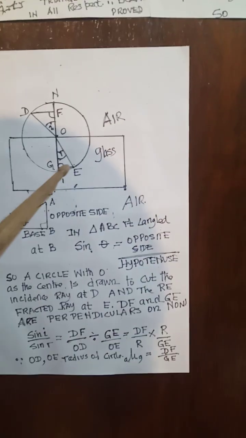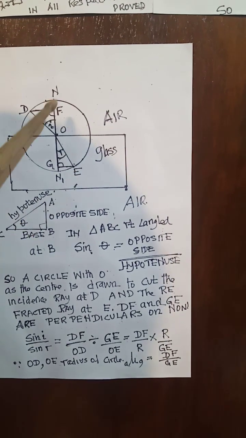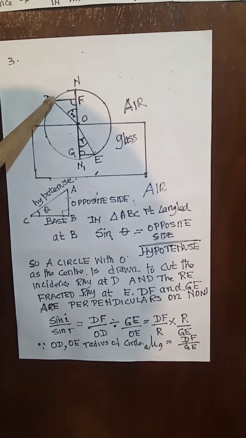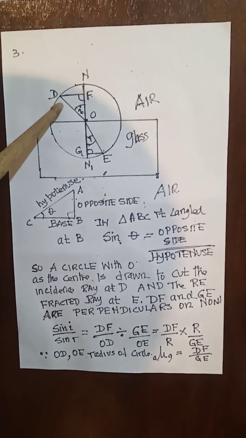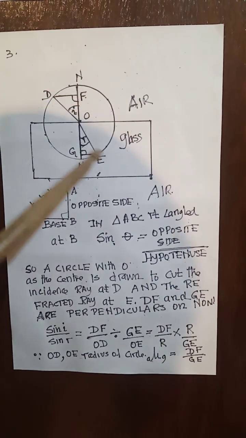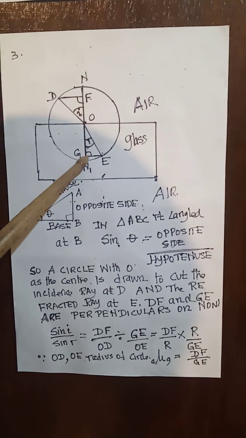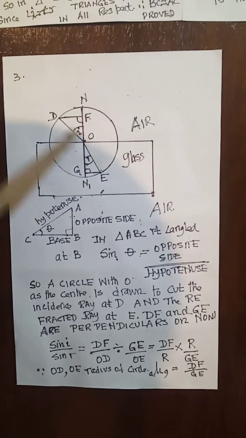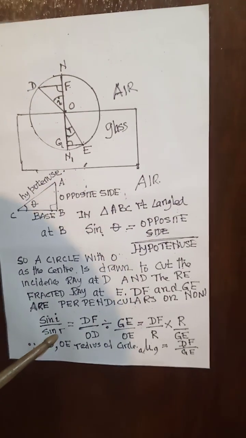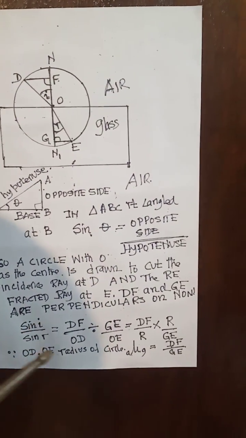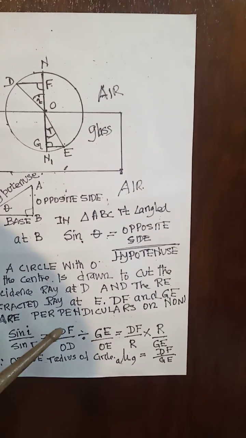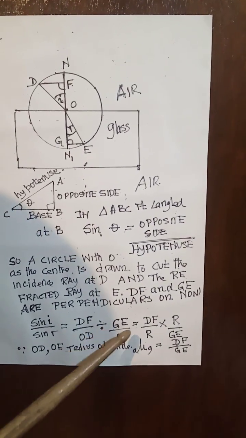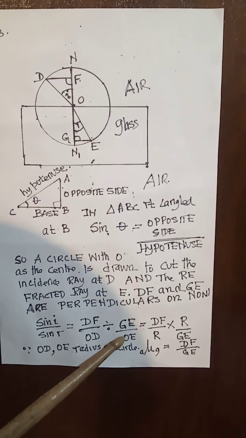So now see, after drawing the circle, what do you get? DF, and you get GE. So sine I is DF by OD. And you know what OD is? Radius of the circle. Sine R is GE by OE. OE is also radius. So here we finally come to sine I by sine R is DF by OD divided by GE by OE.